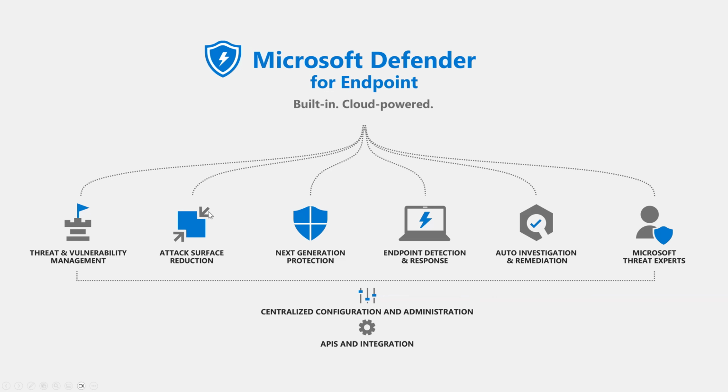Second one is attack surface reduction. In short, what attack surface reduction means is you create some policies so that attacks on certain systems will reduce.